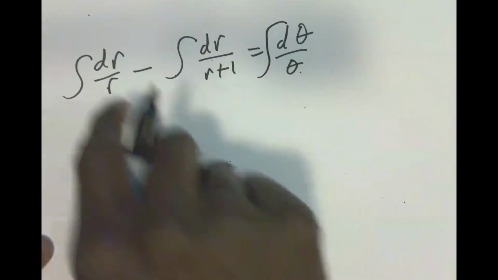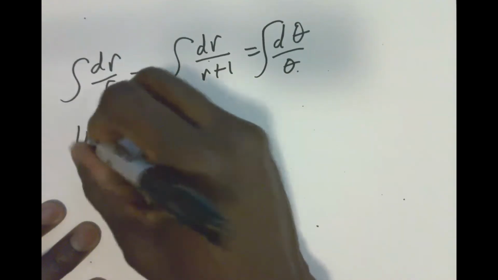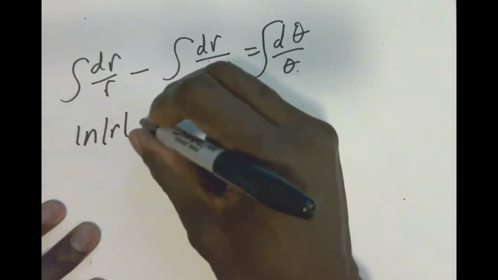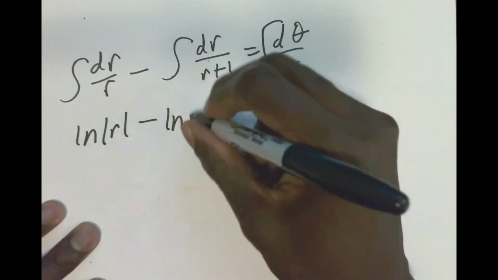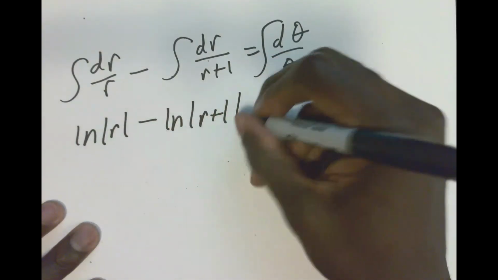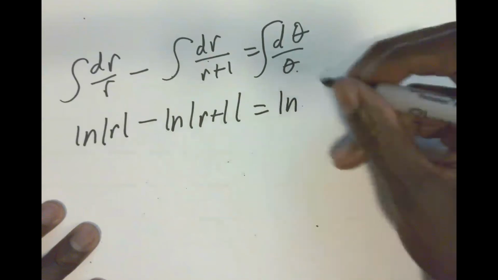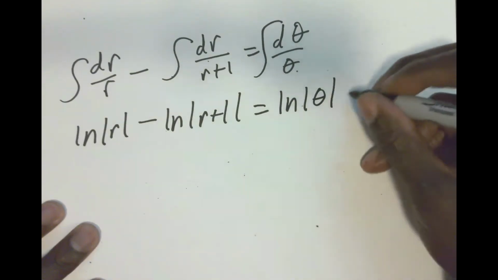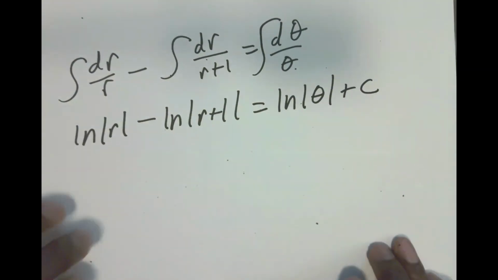All right, so this is ln r minus ln r plus 1 equals ln theta plus some constant.